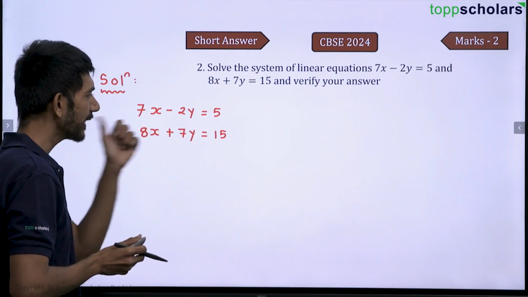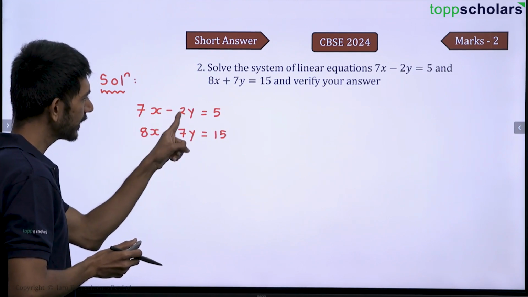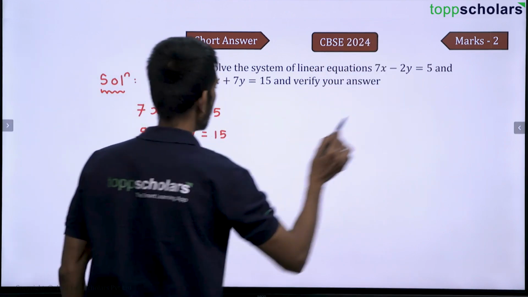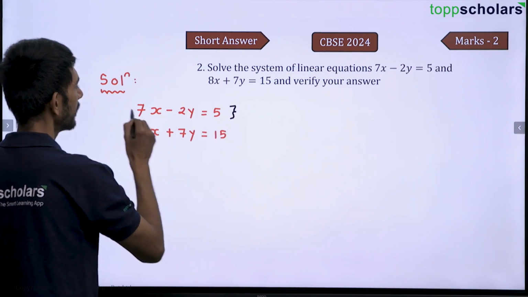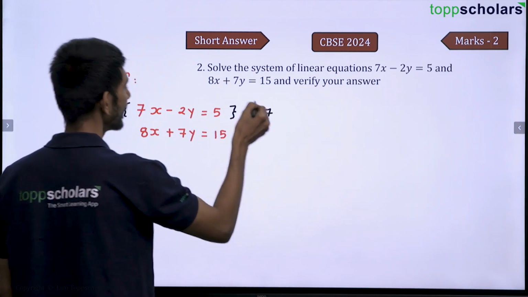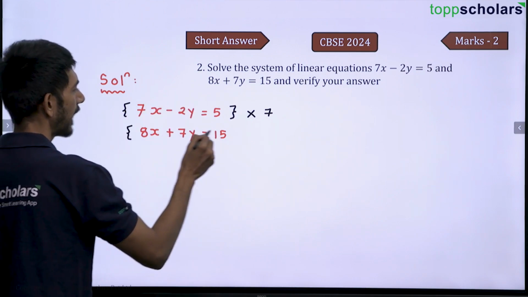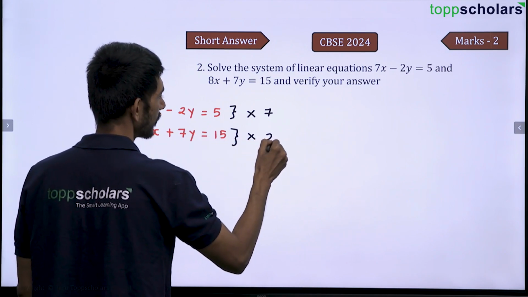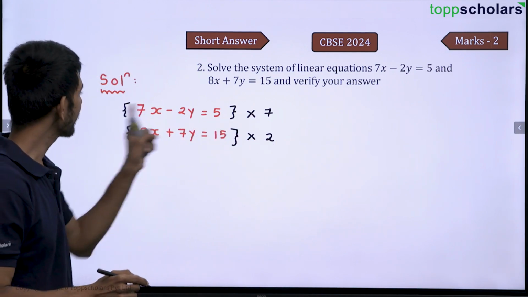It's better to cancel y. But here you have 2, here you have 7. The LCM of 2 and 7 is 14. So I'm multiplying this equation by 7, so that 7 2s becomes 14, and I'm multiplying this equation by 2.